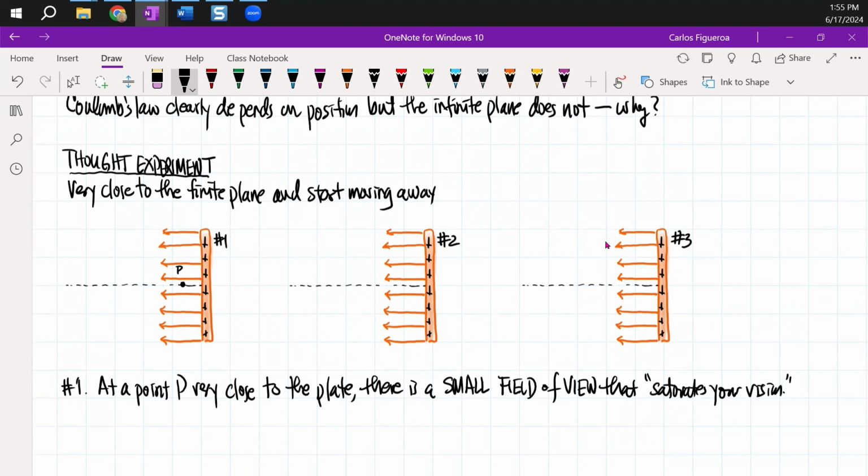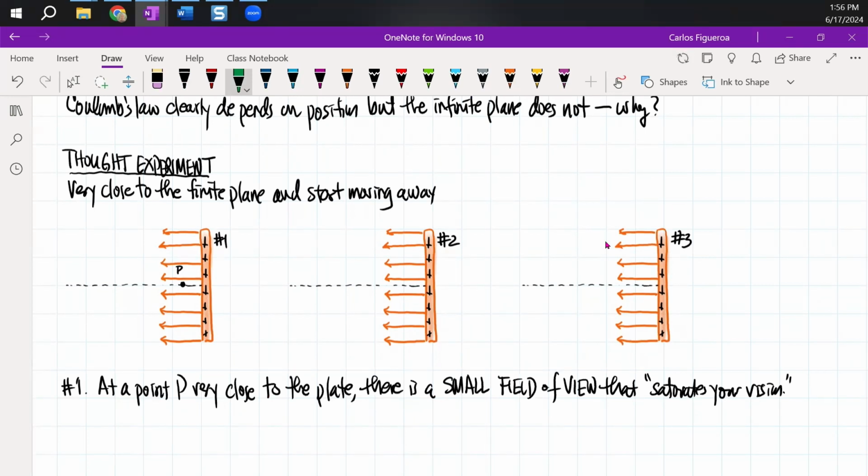What I mean by that is, imagine I look towards this thing. What determines the density of the electric field lines is how much charge you actually see.